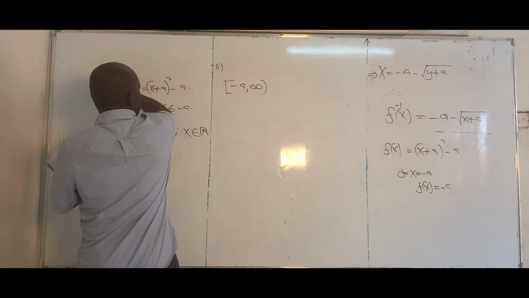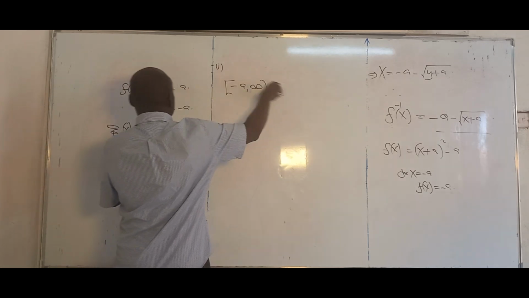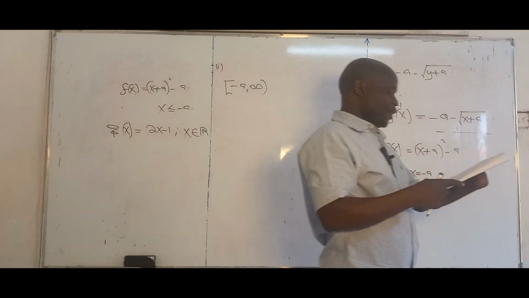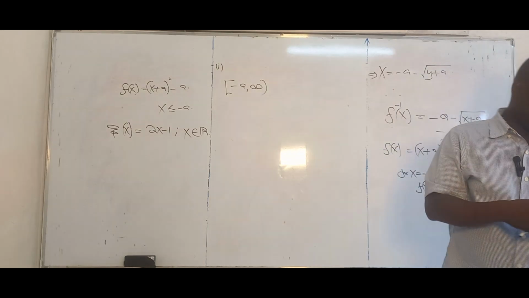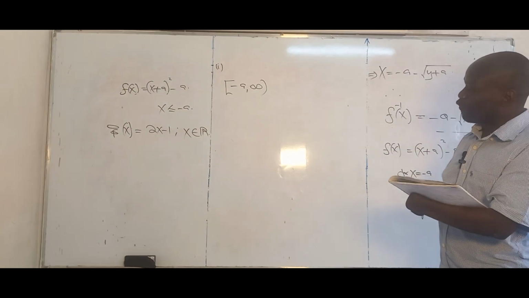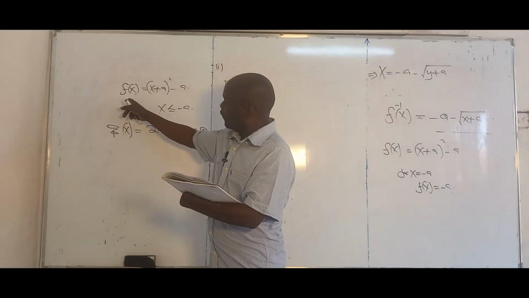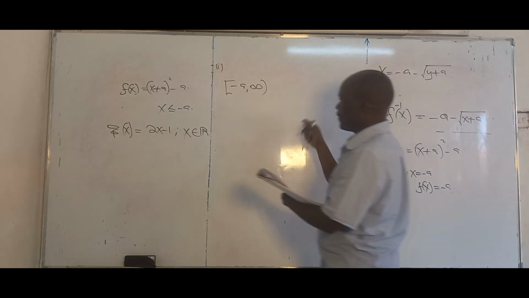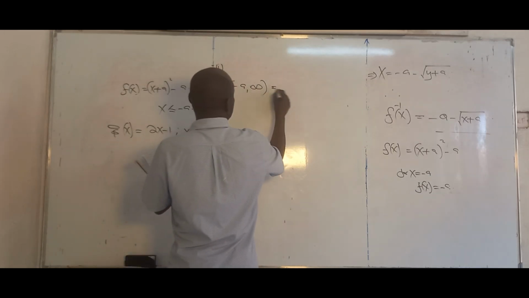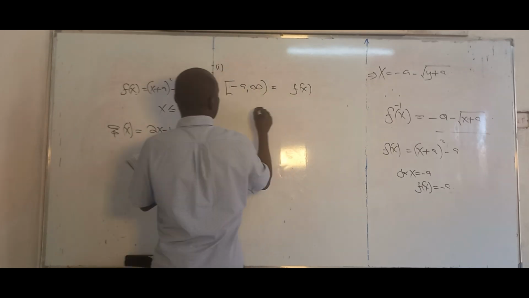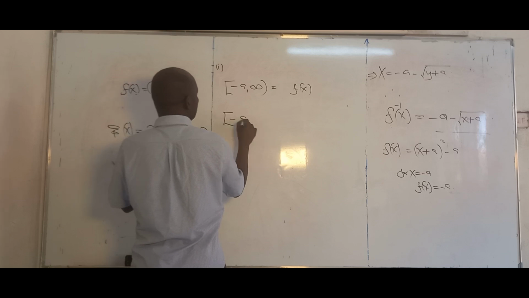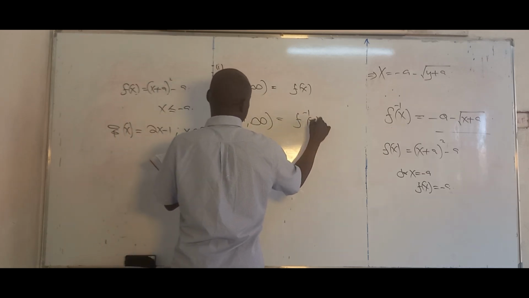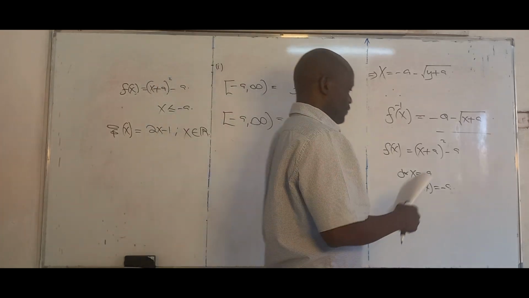But what we are saying is that the range of f of x is the domain of the inverse. So it means that the domain of f inverse of x is still the same as such.